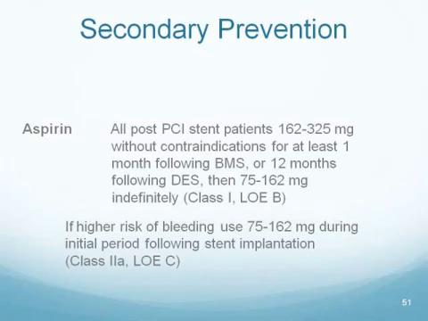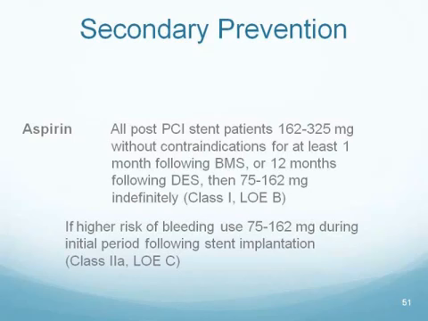First and foremost, for all patients who have had a percutaneous intervention and stent, the recommendation from the American Heart Association is that these patients receive 162 to 325 milligrams of aspirin for at least 1 month following a bare metal stent, or 12 months following a drug-eluting stent, and then the dose can be reduced to between 75 and 162 milligrams indefinitely. And that's a class 1 recommendation.